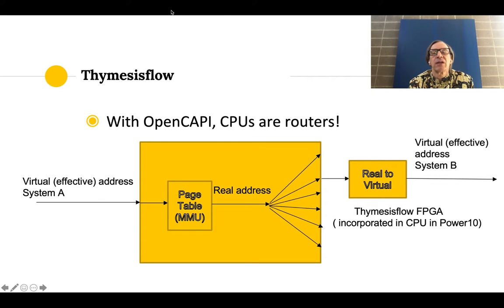For example, another OpenCAPI port, if that range of memory was mapped to be behind that OpenCAPI interface. I can attach an FPGA to that interface and translate the physical address range to another virtual address range that may be appropriate for another system, system B in this example.